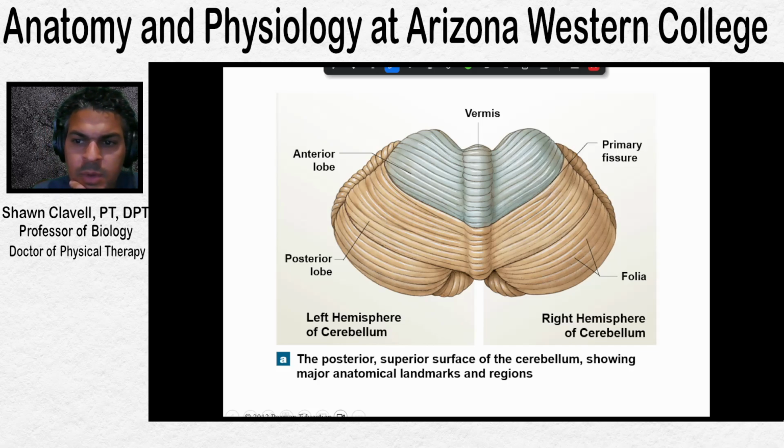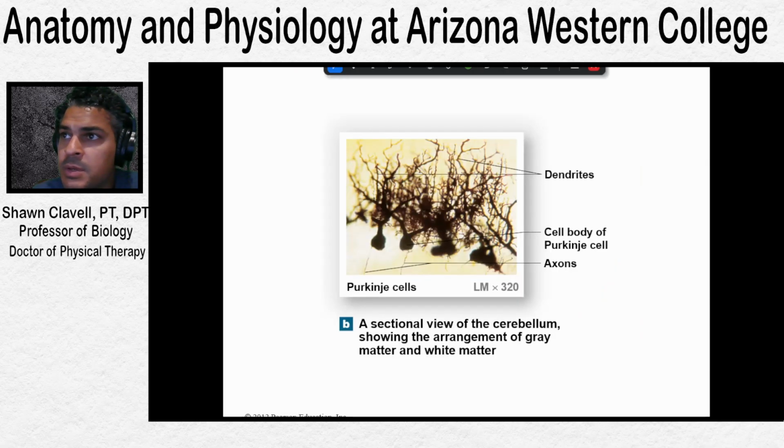I just had the cerebellum here. Sorry, guys. Oh, here we go. Let me do the brainstem. Let's just keep going with these slides. Let's see where it takes me.